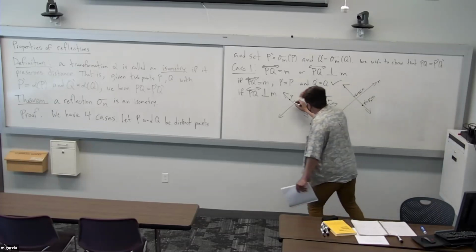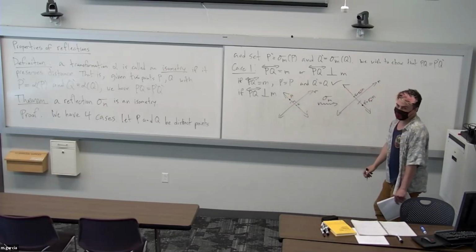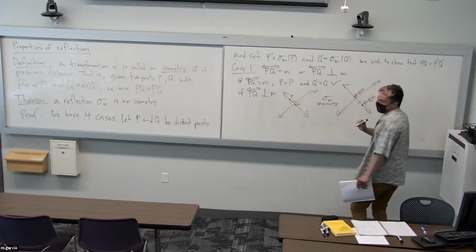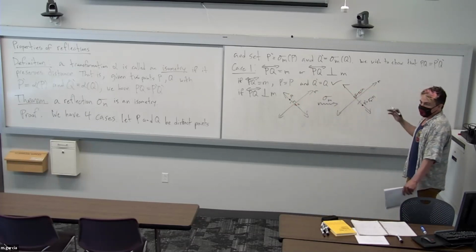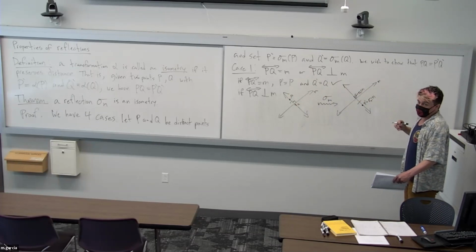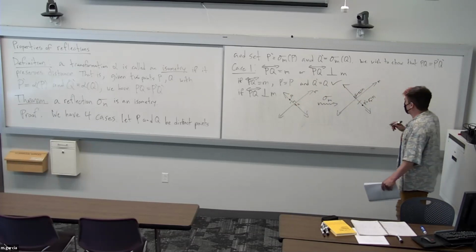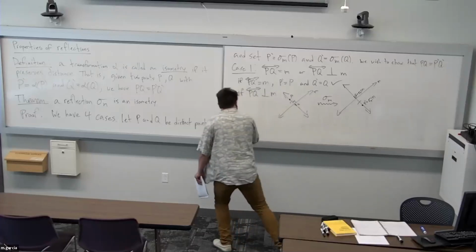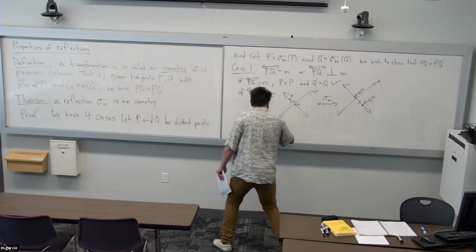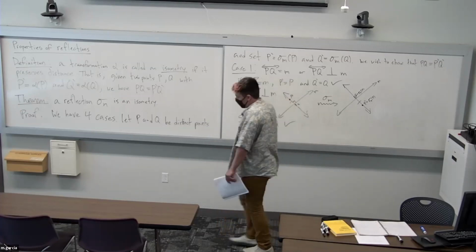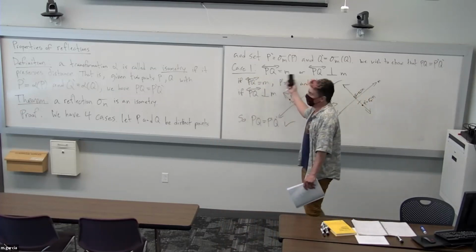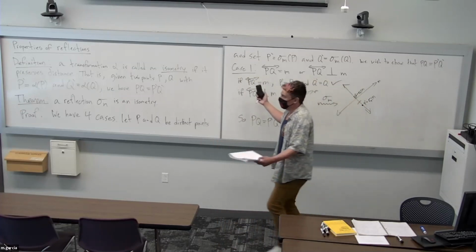So that is to say, this distance is equal to this distance, and this distance is equal to this distance. So together, they're the same distance. So that's kind of the trivial case. If the line is fixed by sigma sub M, there's not really much to show.